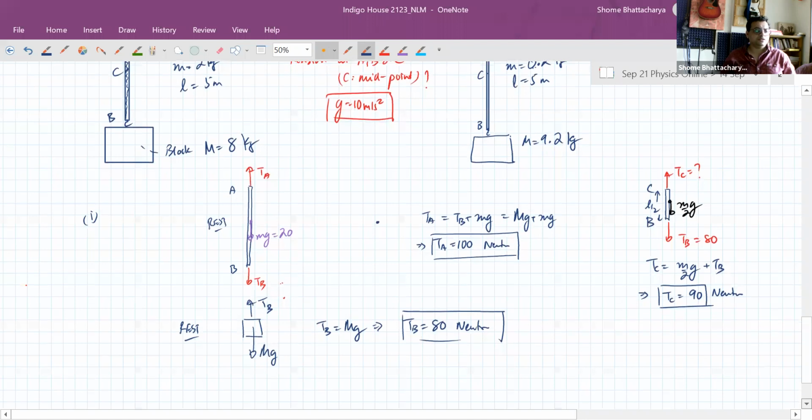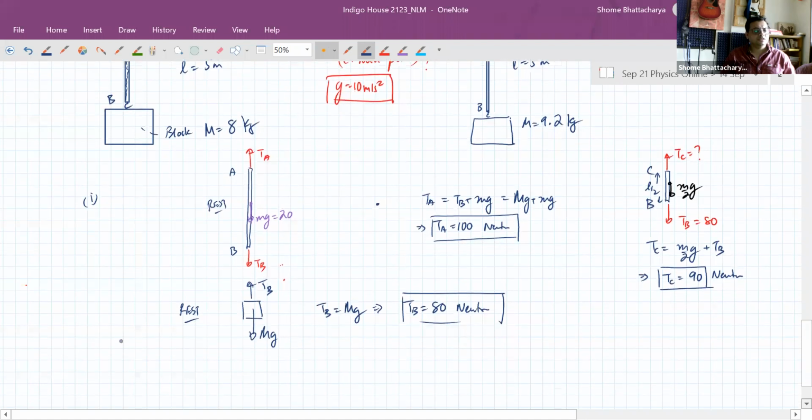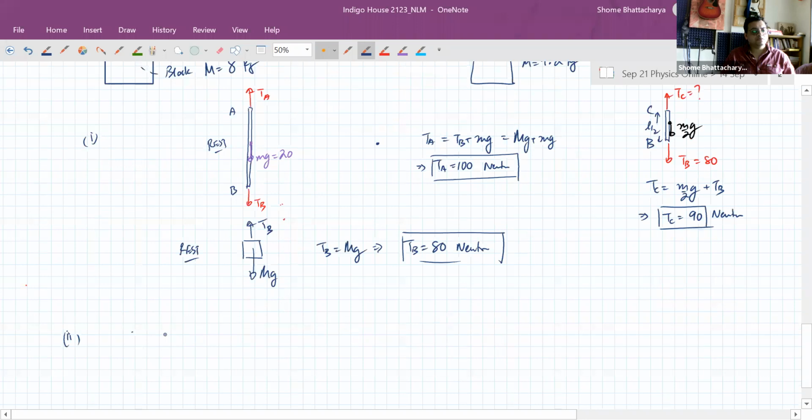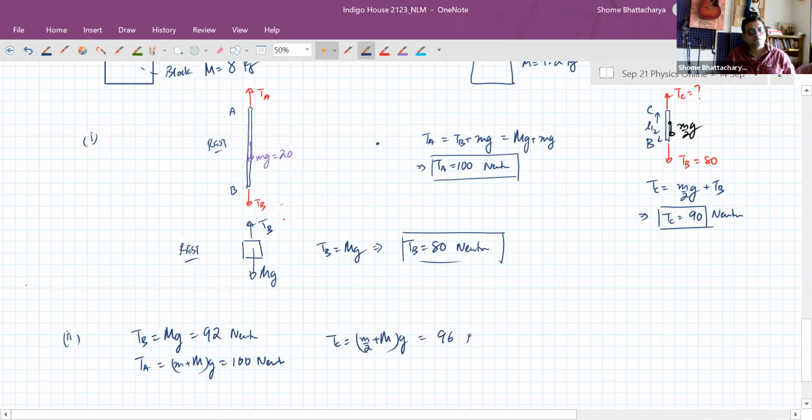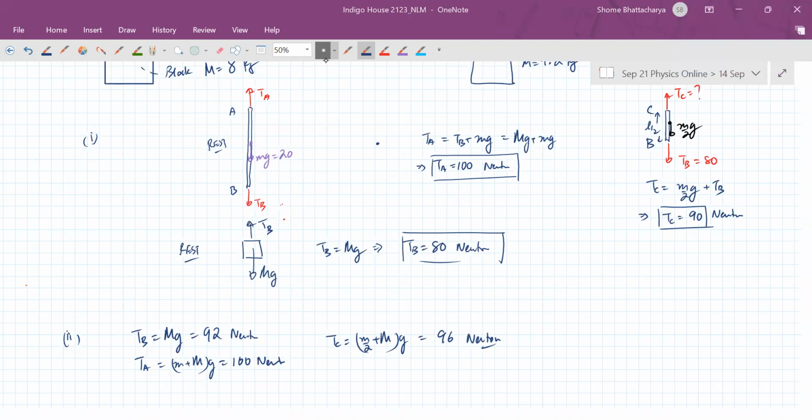Now, if you do the same kind of situation in the second case, you'll see that parametrically the values will come out to be the same. That will make this 92 newtons. Sir, what was the weight of the rope in the second case?